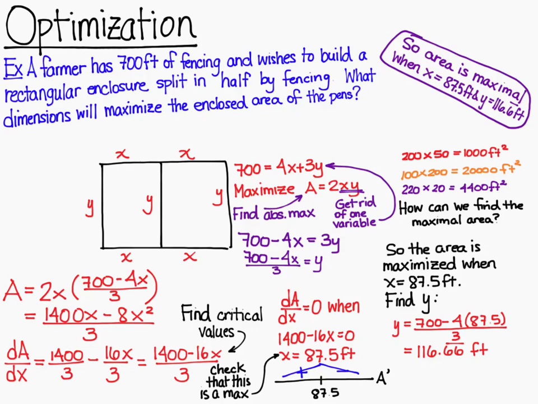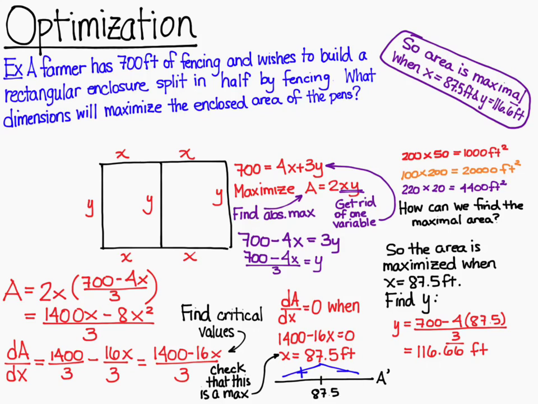This is the format of a typical optimization problem. Notice that we started with drawing a picture, labeling the picture, and then we came up with two different equations. One of the equations was the one we wanted to optimize. In this case, we wanted to maximize it. That's the function we end up taking the derivative of.